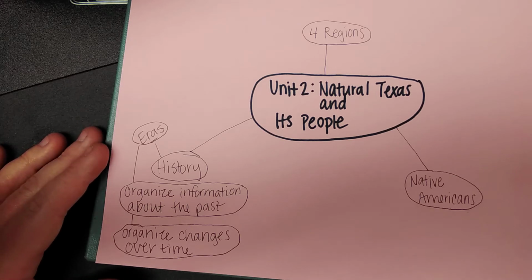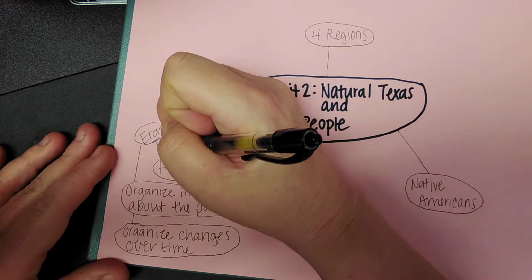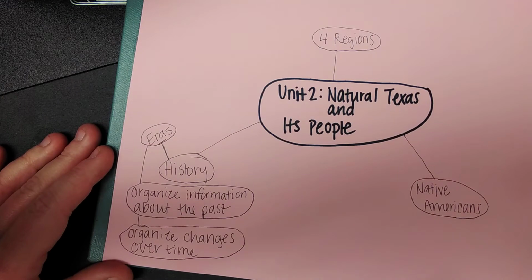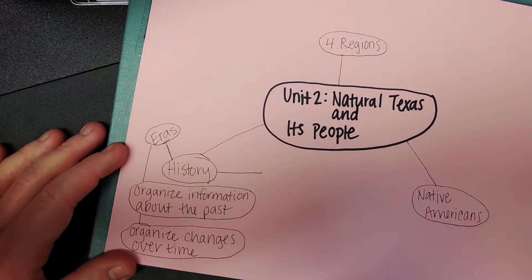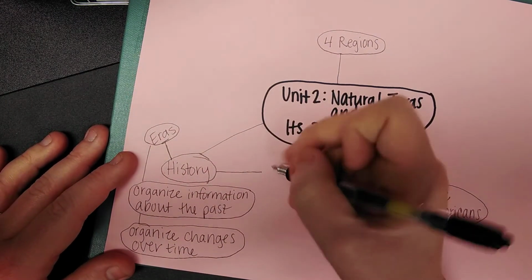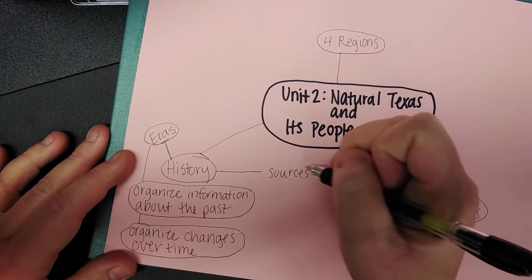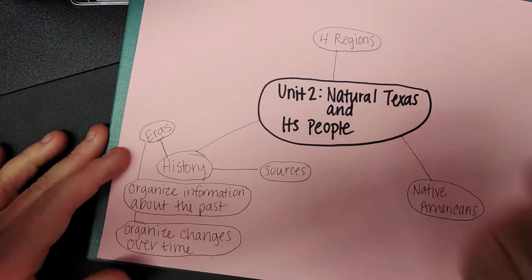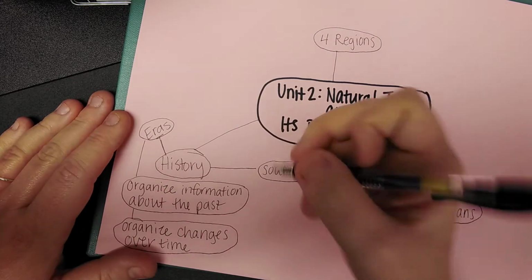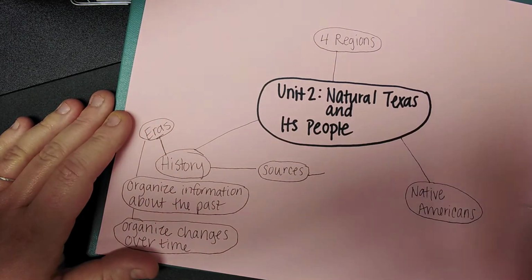We also talked about the concept of a primary and secondary source. Historians use these types of things to create a narrative about the past. So there's actually 3, but for the purposes of this class, there are 2 types of sources.